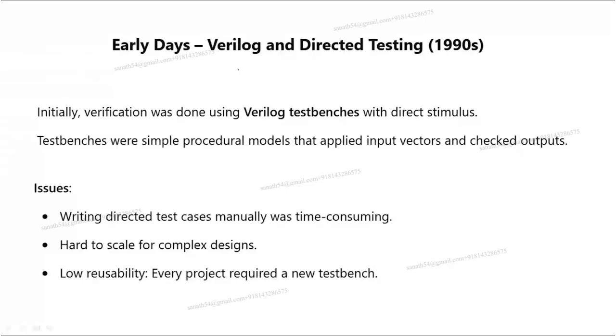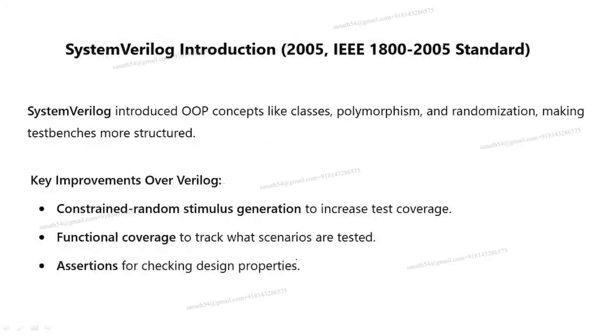We need to write separate test benches in separate modules. Then SystemVerilog brought concepts like OOP, polymorphism, and randomization, making the test bench more structured. It was standardized around 2005. The improvements over Verilog are constrained randomization stimulus, functional coverage, and assertions, all of which we have seen.